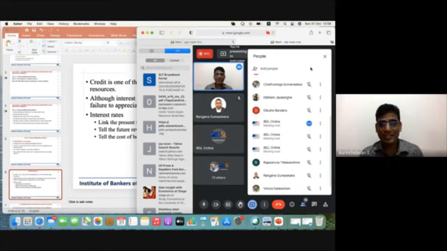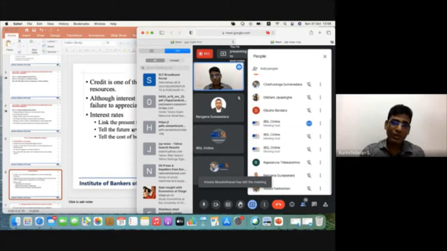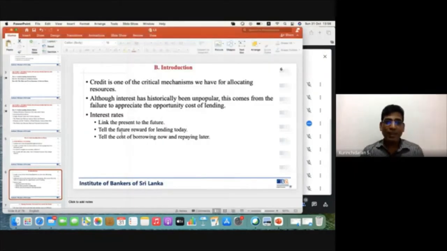It's a basic way of allocating resources, because you always have two units in your economy: surplus units and deficit units. The only thing is, you should appreciate the opportunity cost of lenders and pay them a return.